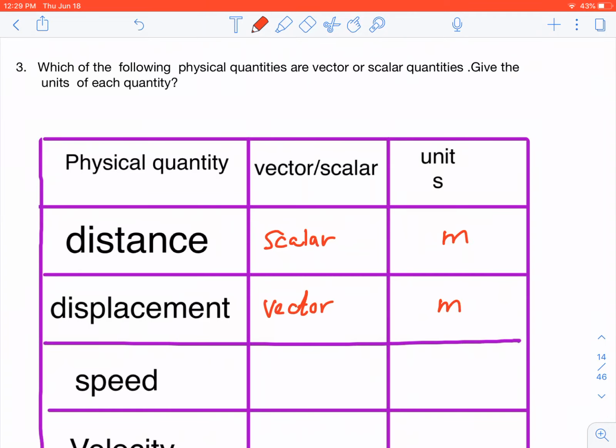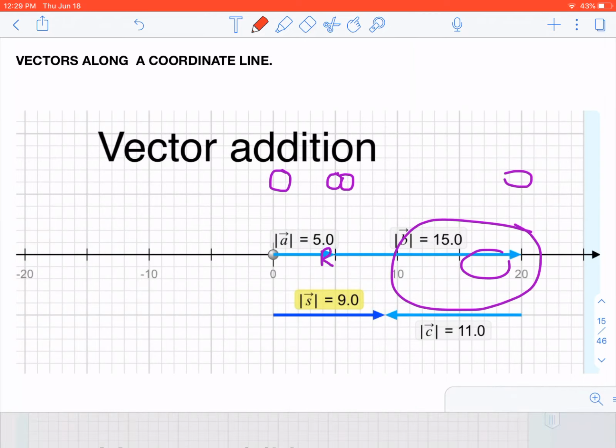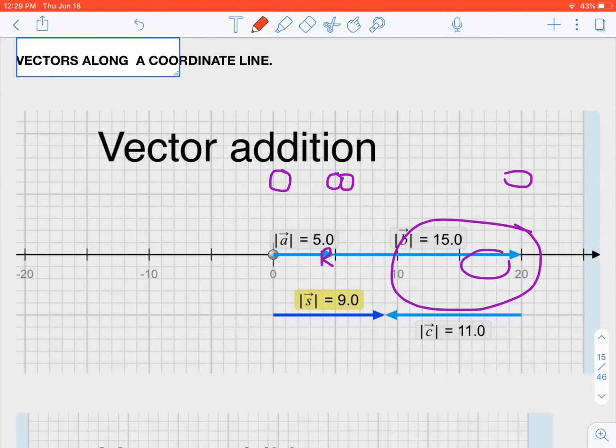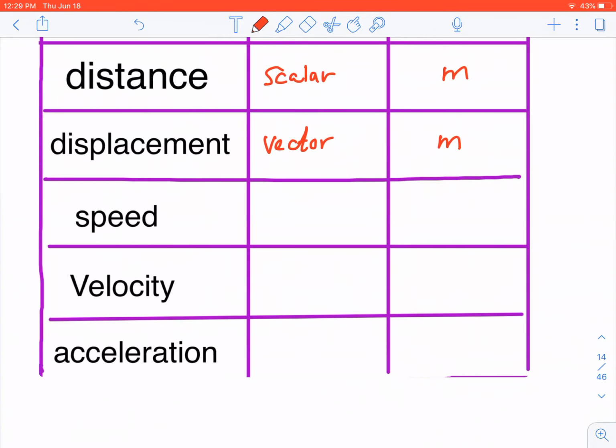It's also measured in meters or kilometers, but when we're dealing with vectors, it must have a direction.